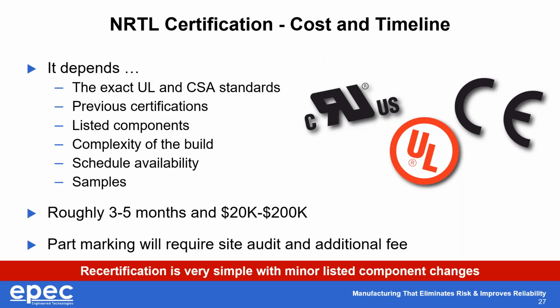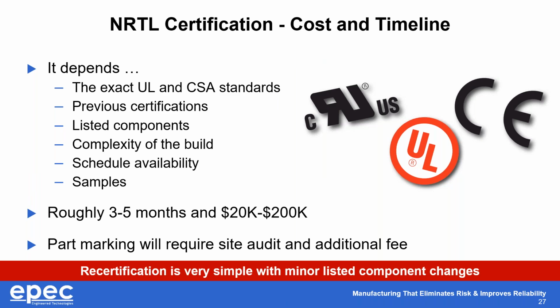If we can use one of our existing UL approved stack ups and you're not adding additional connectors or components, there's a high likelihood that we don't need to go through the additional third-party testing. But if you do have a custom design with a different type of cable than we have existing and the addition of thermostats and other unique components, there may be a full UL and CSA suite of testing that's required.